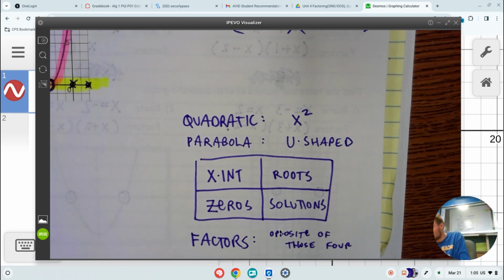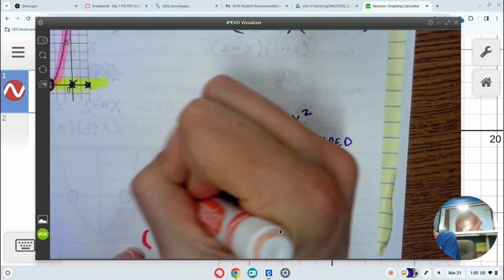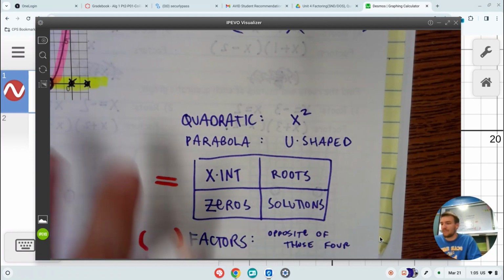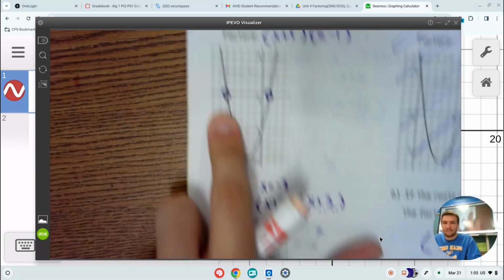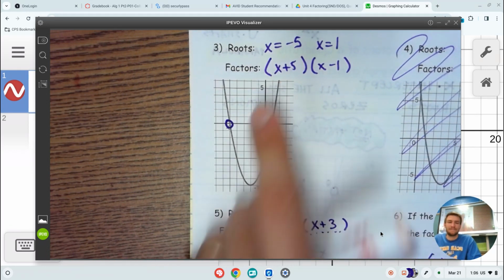Okay? Factors use parentheses, and these ones use equal signs, right? So they're kind of like opposites. Okay? I think that was really good notes. I think we got through it in a pretty good amount of time. Remember, you're not having to add or subtract any numbers. You literally just look at them, write them down, and then the factors are the opposites. Okay?